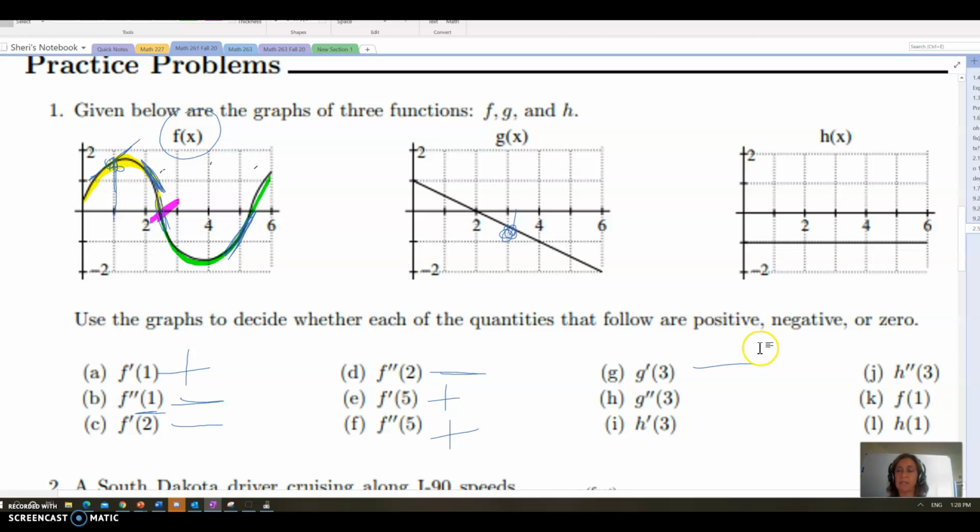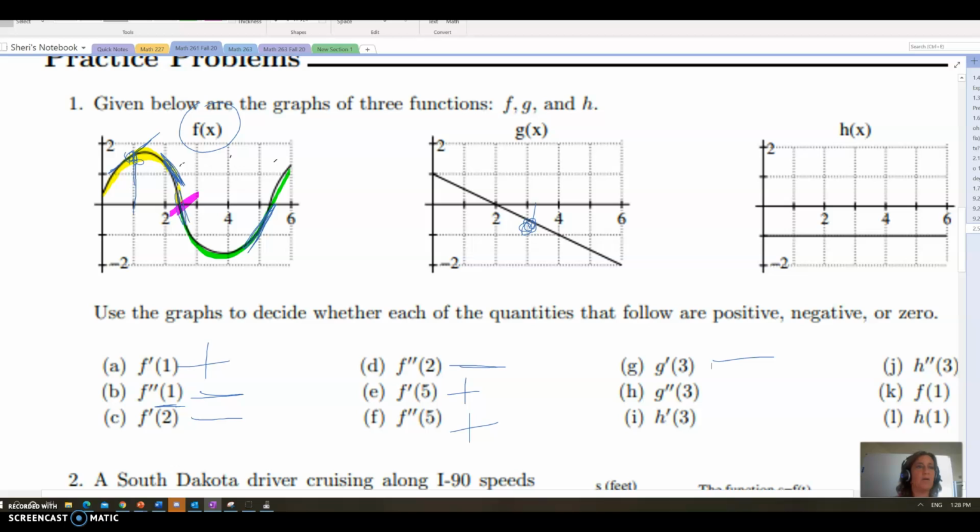Since this is a linear function, there's no concavity. It is not concave up or down, so the second derivative should be 0. h is also a linear function, but h is a constant function, meaning that the output stays the same all the time, giving me a horizontal line. So not only is the derivative constant and equal to the slope, but it will specifically be 0.